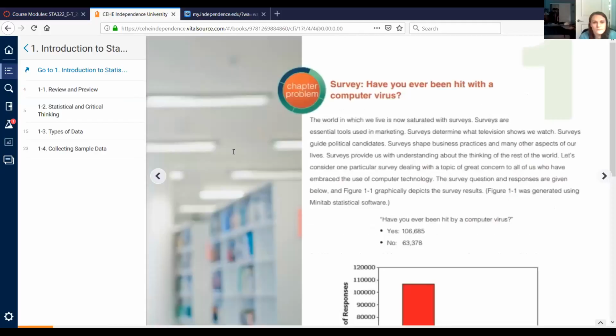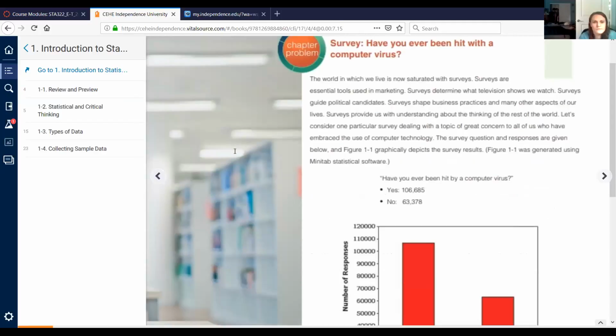If we go here and take a look at a survey, and this was a survey about just asking simple yes or no. Have you ever been hit by a computer virus? And so the raw data were yes, 106,685 people responded yes, and 63,378 responded no. This is a huge survey.